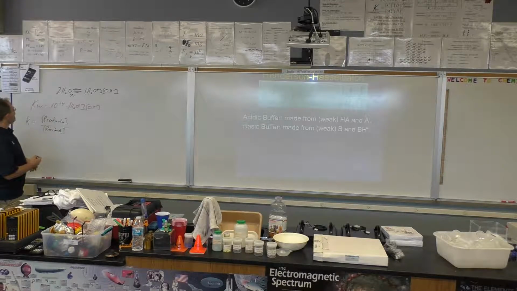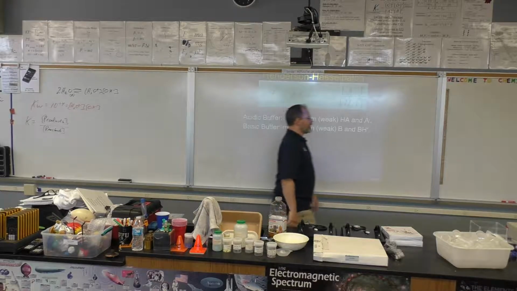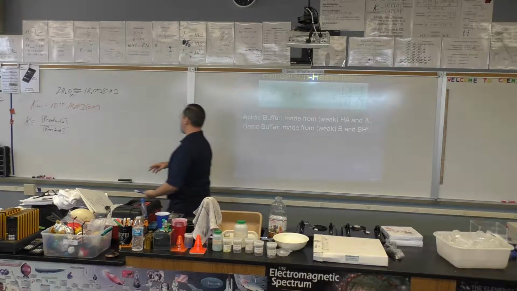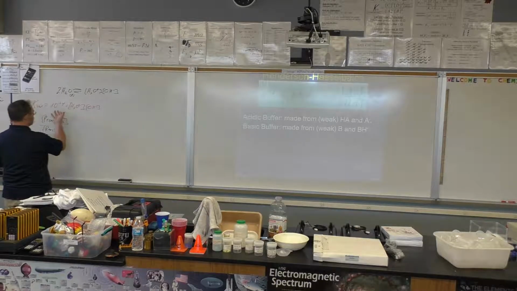All right, so water has an auto-ionization constant equilibrium of 10 to the negative 14. Now, if you take the P of all this, let me use a different color. If you take the P of all these things, then you get PKW, and you get pH, and POH, and 14.